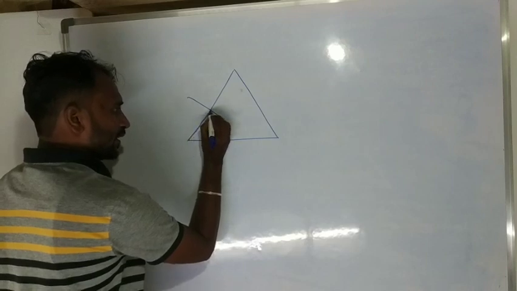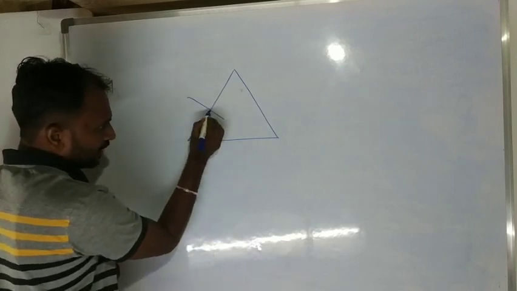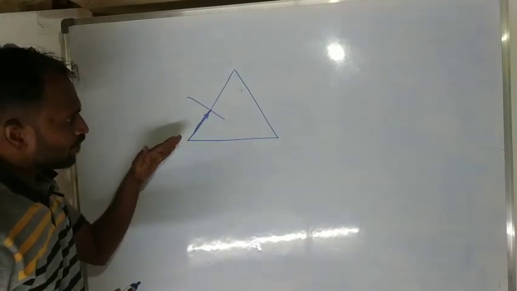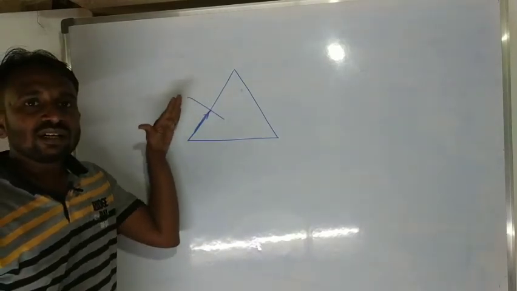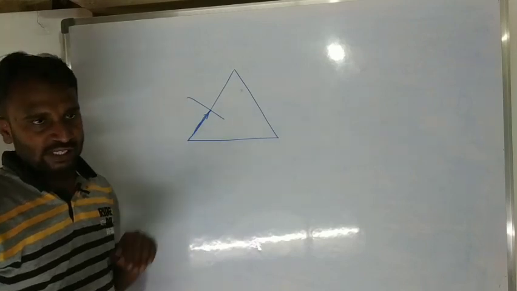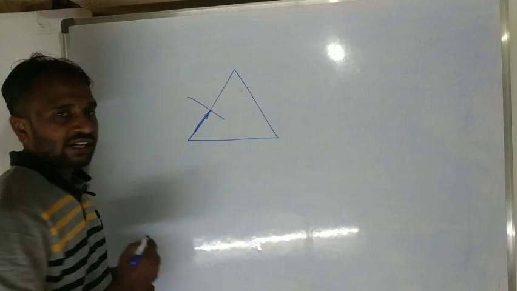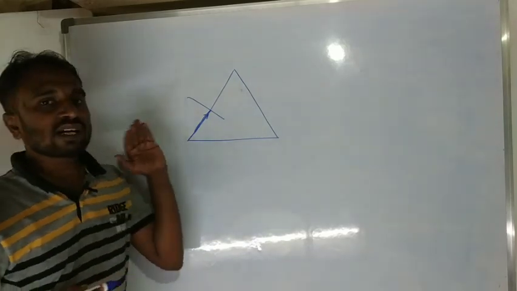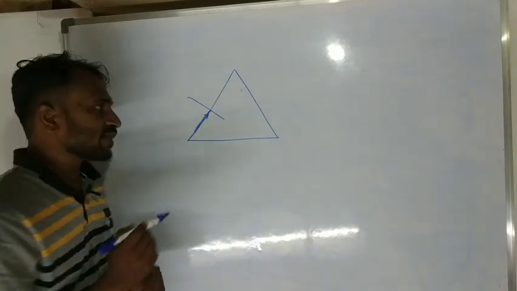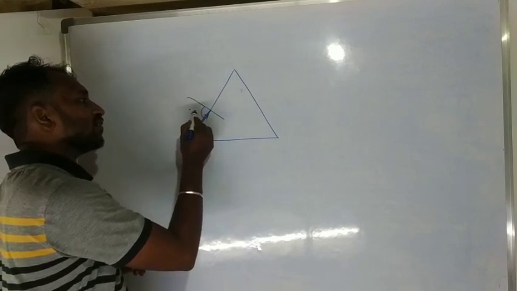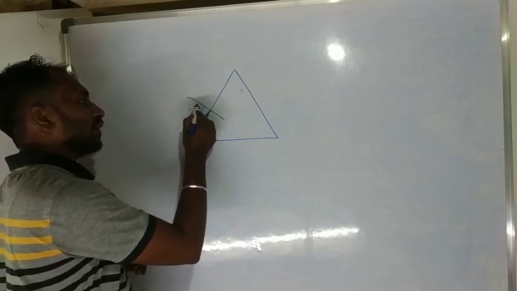If the incident ray is parallel to the first refracting surface, meaning along the refracting surface, then this is a grazing angle of incidence. So this angle of incidence, I, is equal to 90 degrees.